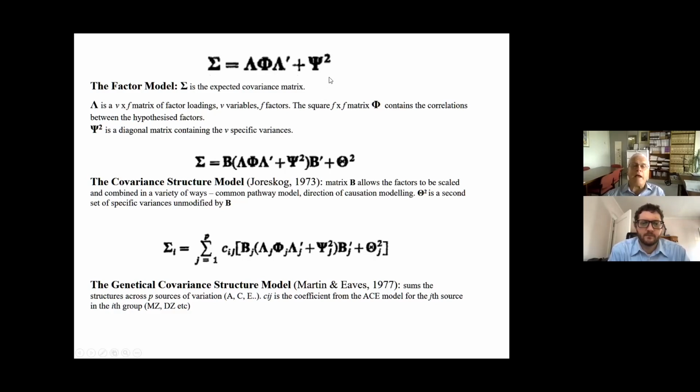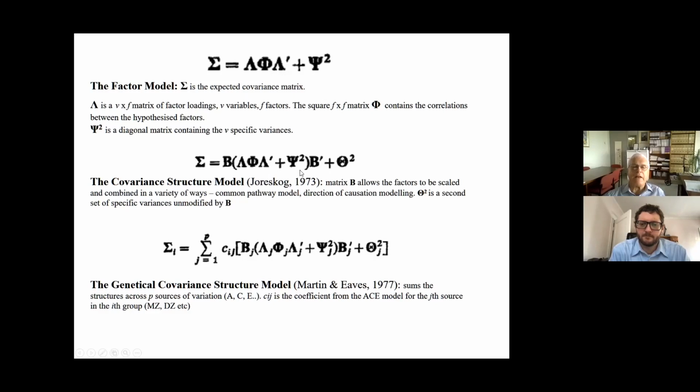And everything that we did was derived from the brilliant work of a Swedish statistician called Karl Jöreskog, whom we actually persuaded to come to several of the early workshops because we thought he was just such a great guy. And he extended this model, we elaborated it, to put outside that factor model this beta matrix, which enabled you to scale all those variables in a variety of ways.